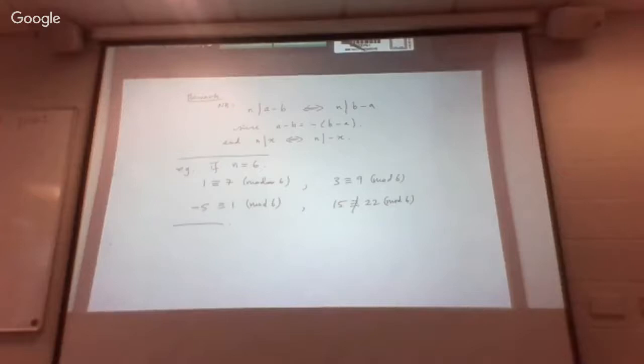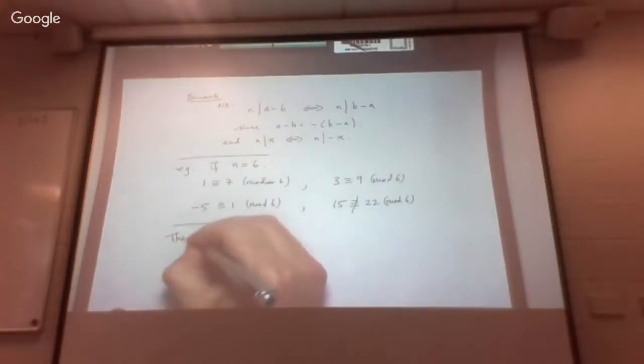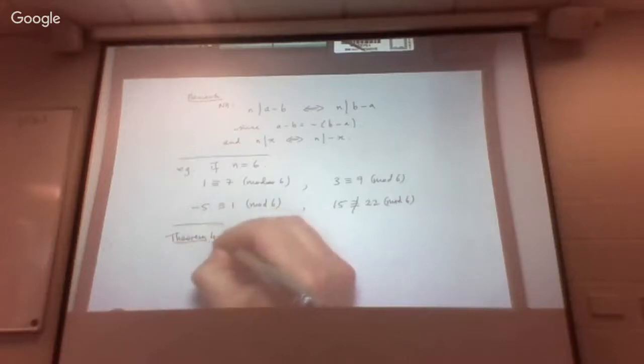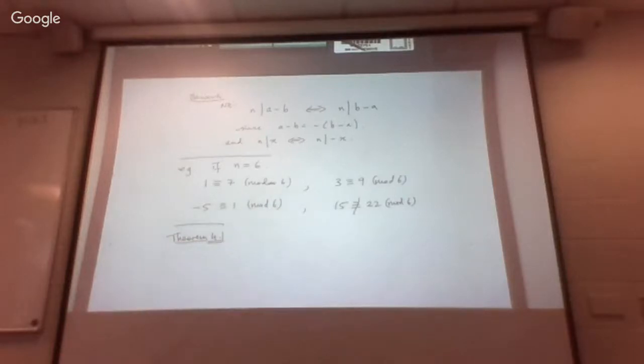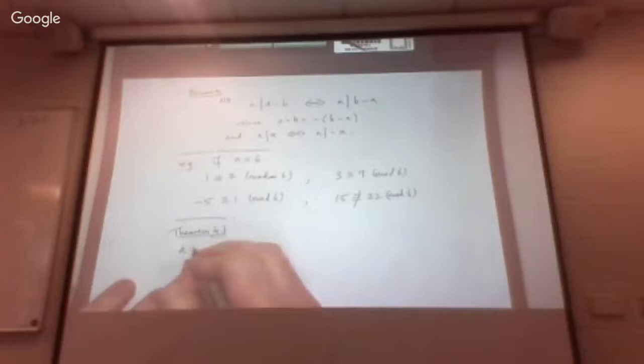Now, the first result we're going to look at is theorem 4.1. And this is important. Indeed, some authors might even give the statement involved in theorem 4.1 as the definition of congruence. So if you like, it's like an alternative form of the definition. And this says that A is congruent to B modulo n.